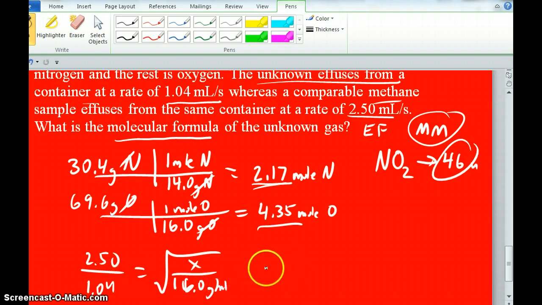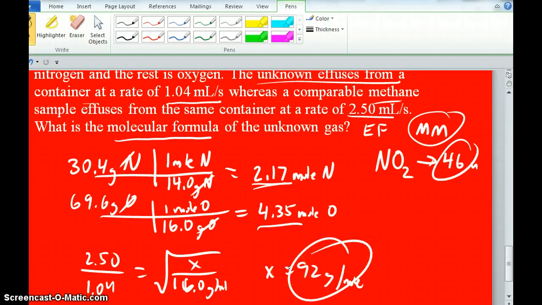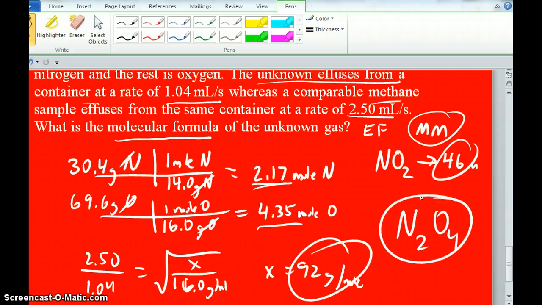When we do the solving, we get x equal to 92 grams per mole, meaning a molecule of whatever this gas is 92 atomic mass units, and since the empirical mass is 46, half of that, well, we must have dinitrogen tetroxide as a molecular formula.